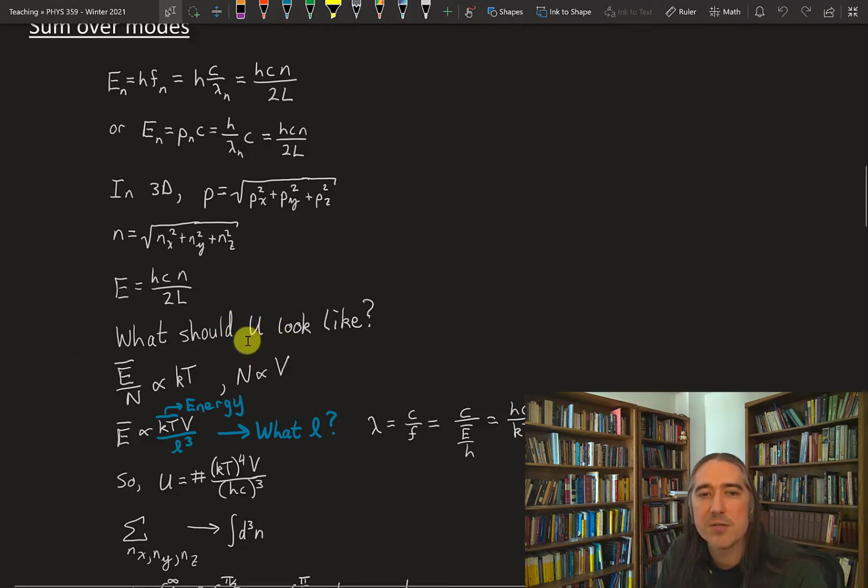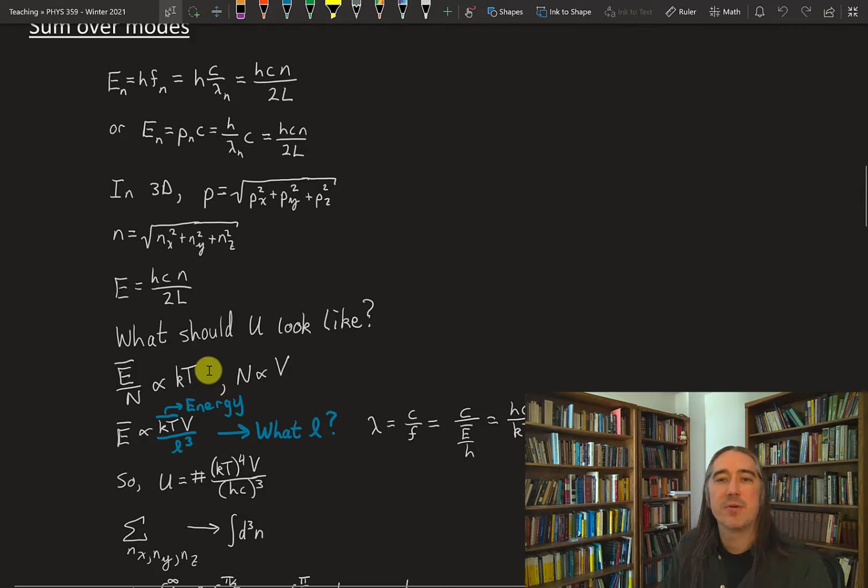So what should it look like? What should the total energy of a gas, for lack of a better term, a gas of photons inside of a cavity in 3D, be? One thing that we suspect is that if I take the average energy per particle, so U is the average energy of the system, I expect that that's going to scale with the temperature.